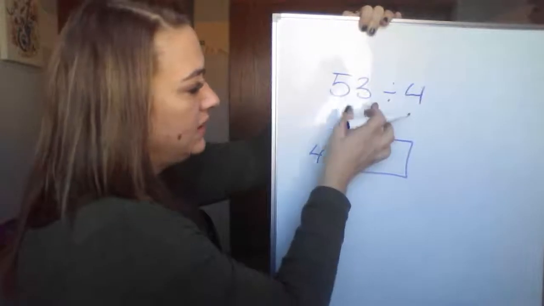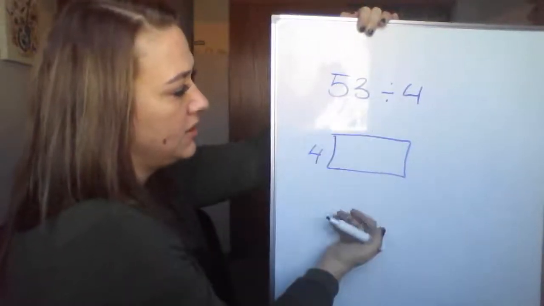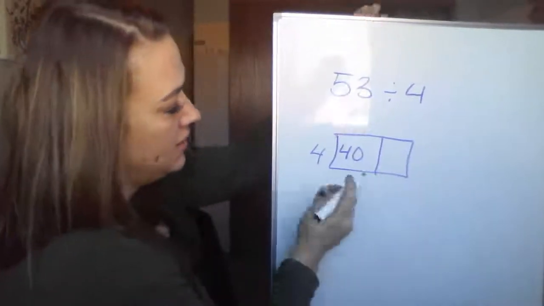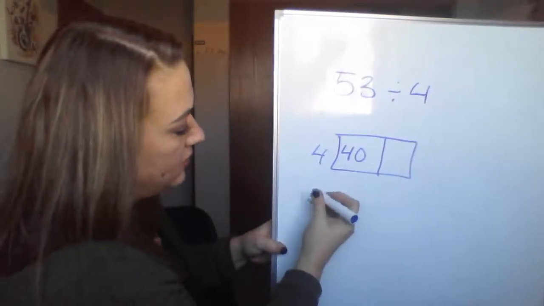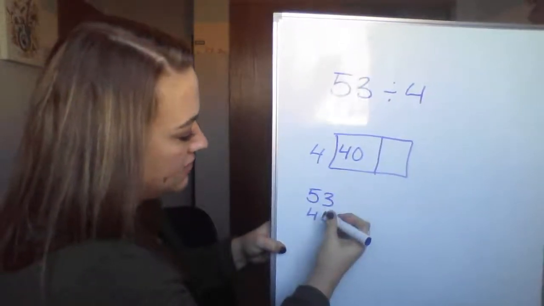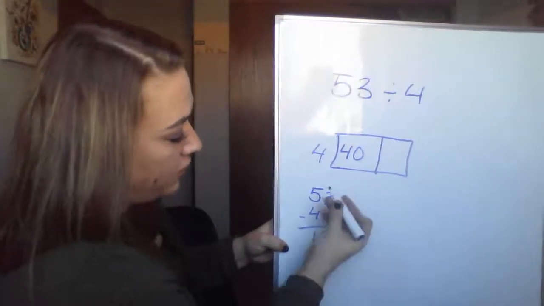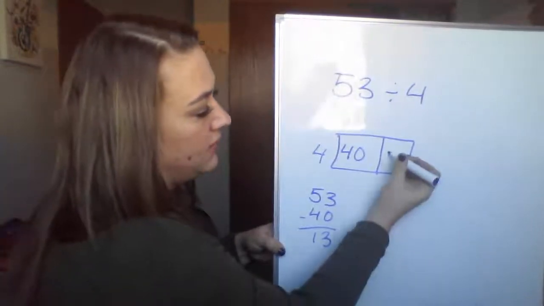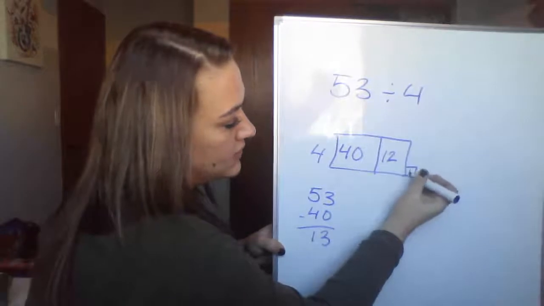So 53, 50, 4 doesn't go evenly into, our next lower 10 is 40. We know that's going to be even. 4 goes into 40 evenly. So if we do 53 minus 40, well, that's going to give us 13. 4 doesn't go into 13 evenly, but it does go into 12 evenly. So 13 minus 12, that's going to leave us with 1 out here.